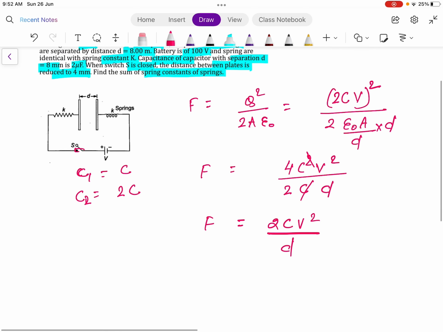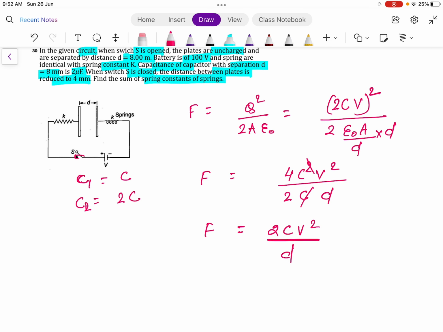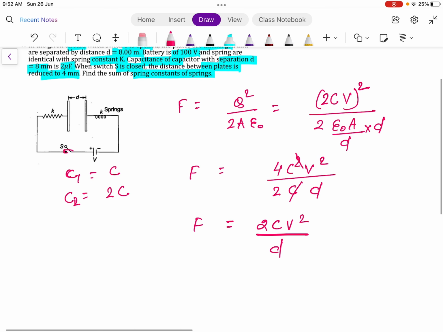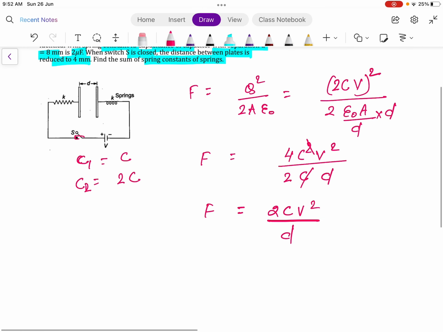Now after closing the switch, the distance of separation is reduced to half, which means the total stretching produced by the springs is D by 2.